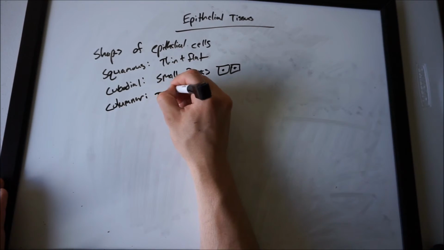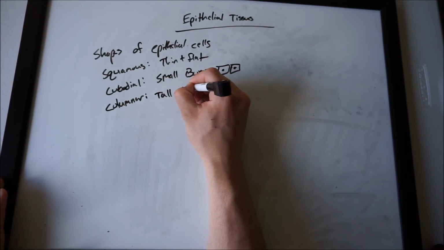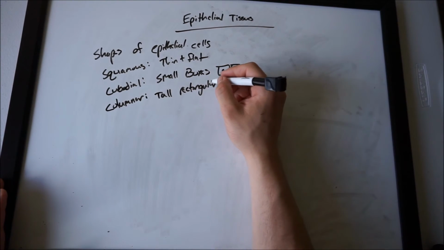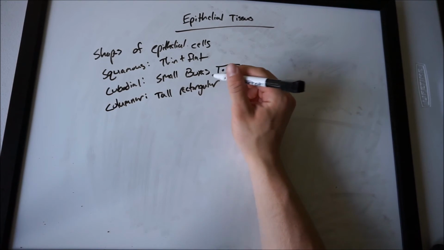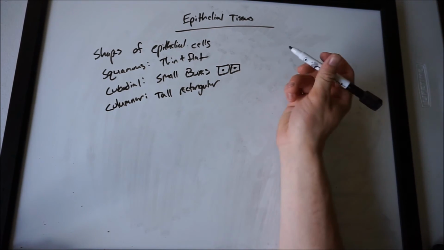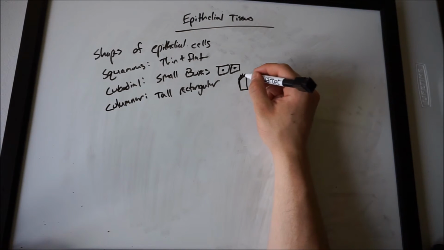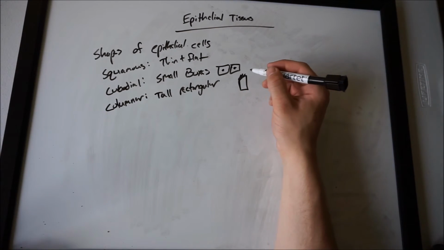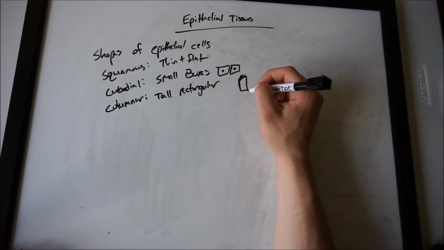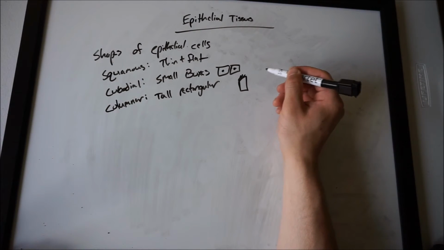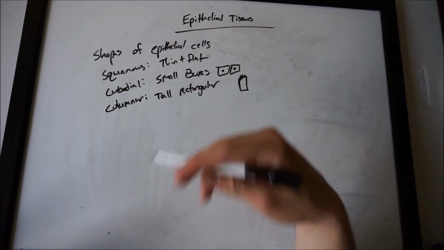Columnar, again in sectional view, tall rectangular boxes. And a lot of these cells contain microvilli and stuff like that, because there's a lot of columnar located in the digestive tract to help move along food and mix the enzymes.